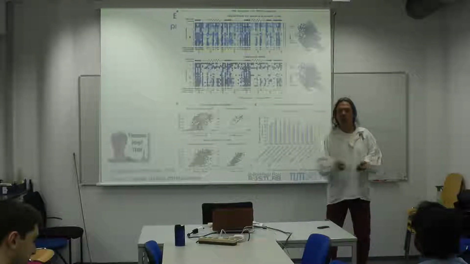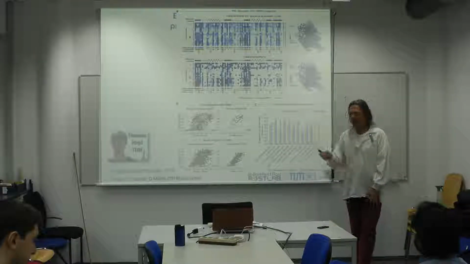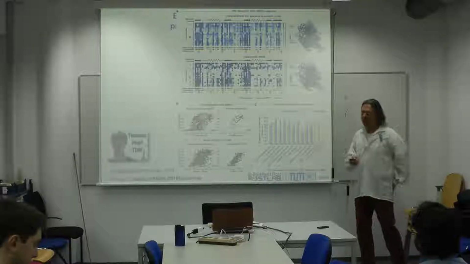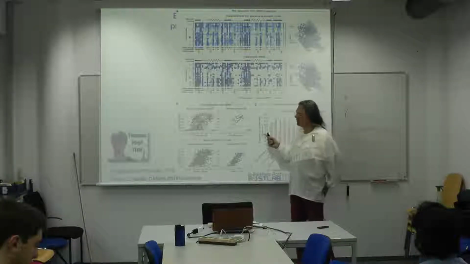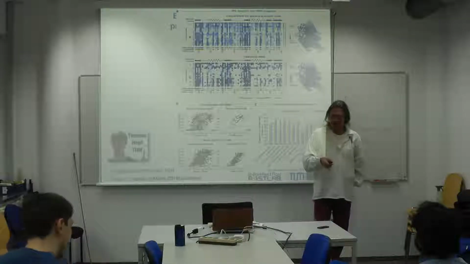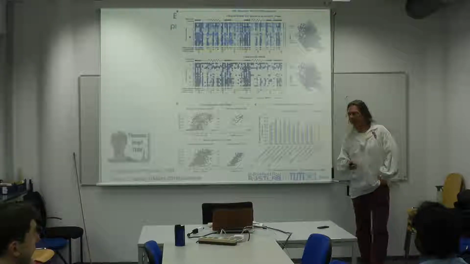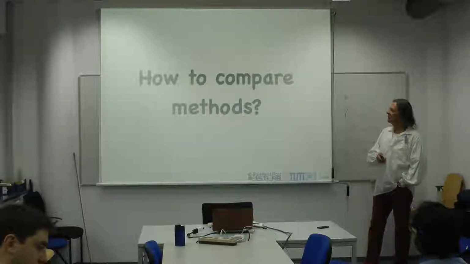Because now you see all the couplings in a protein. It's a very complicated method. It only works if you have very large alignments, and it's one of the few methods that is not available as a tool just because of its level of complexity. But whenever it works, it's an absolutely great tool.